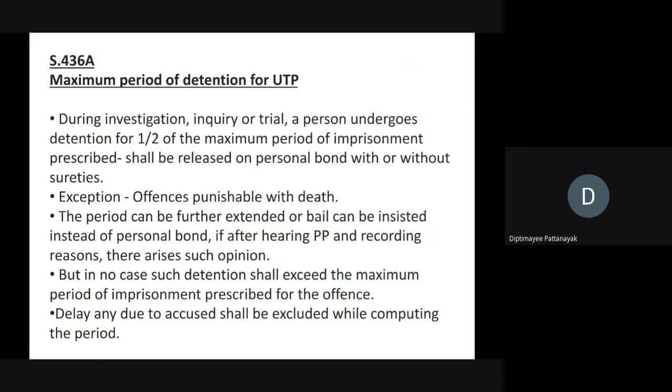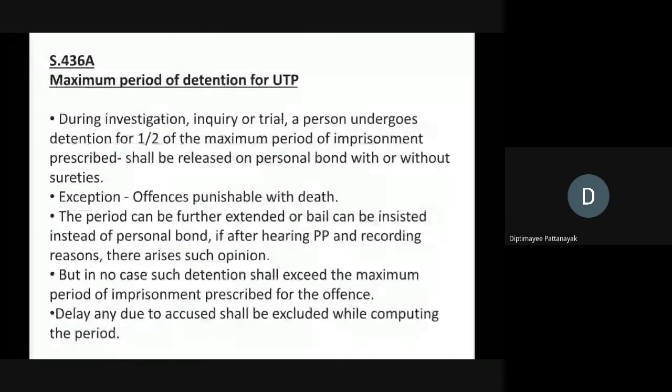Now we'll talk about the other default bail. We had already discussed one default bail. Now we are discussing Section 436A, which is another default bail, that is the maximum period of detention for UTP. So during investigation, inquiry, or trial, that means at any stage, taking into consideration all the stages of the trial, that is inquiry, investigation, and everything, a person who has undergone detention for half of the maximum period of imprisonment prescribed.